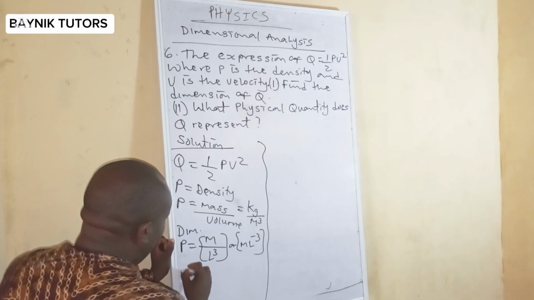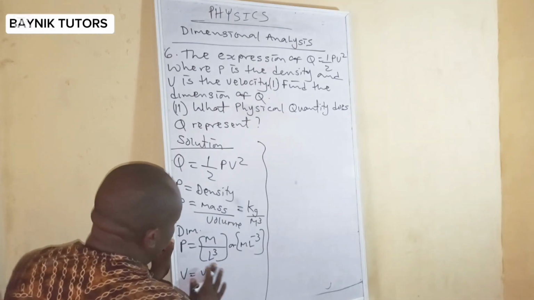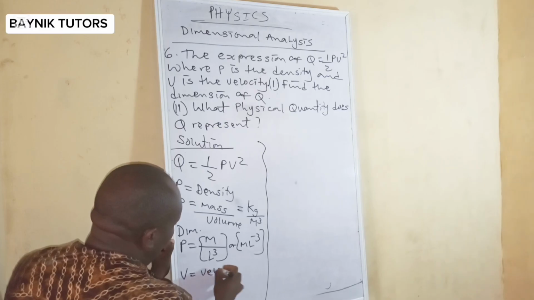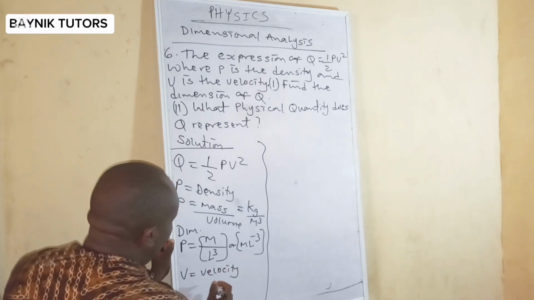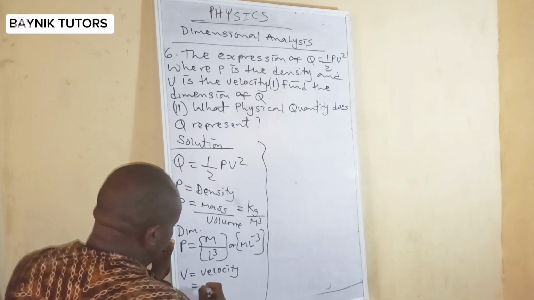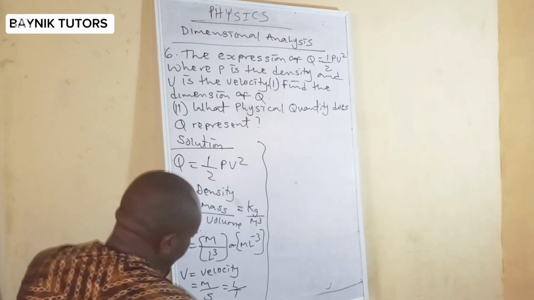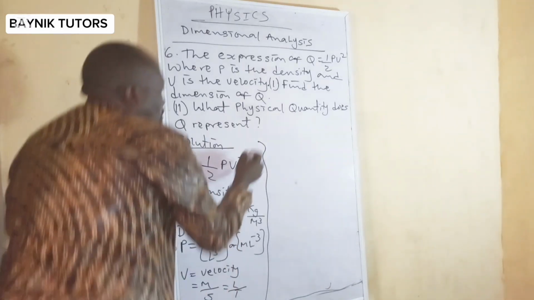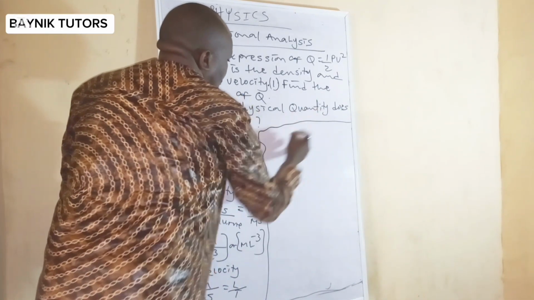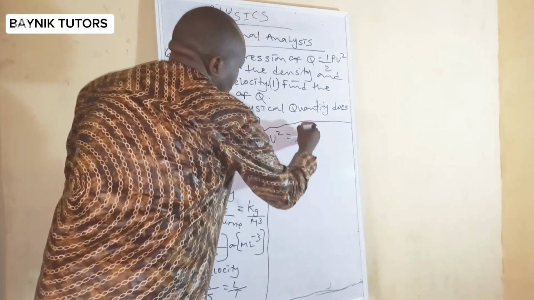velocity V will now be meter per second, which is L over T. So since we have it as V square, that will now be L over T square.